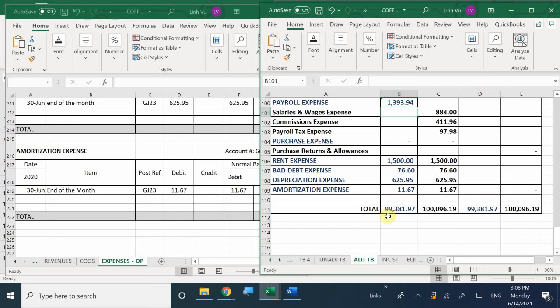Wow, this is really weird because I've got all the same numbers. Let me retry your formula. That's what I got. My formula now is regular 99,381.97. Sometimes it didn't catch a few numbers.